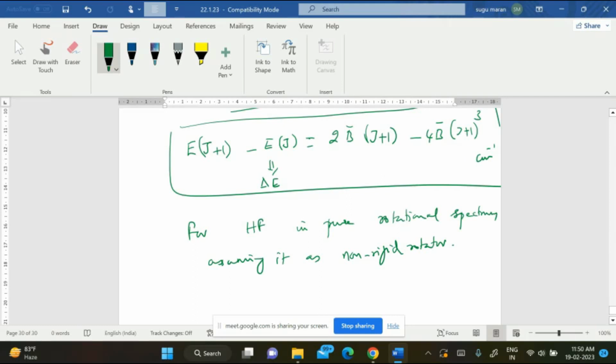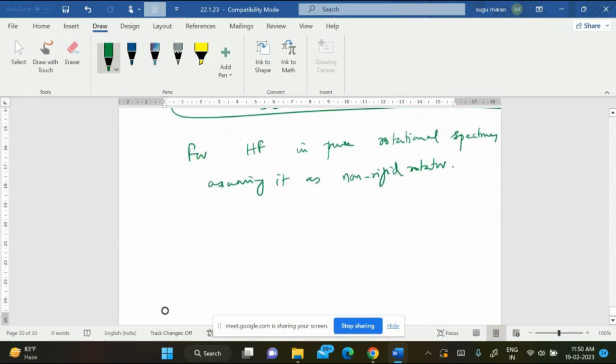Okay, so what is this? Assuming this as the rigid rotator. The spectrum you get, they give some value: J plus 1, 41.122 (J plus 1) minus 8.52 times 10 to the power minus 3 (J plus 1) cube.